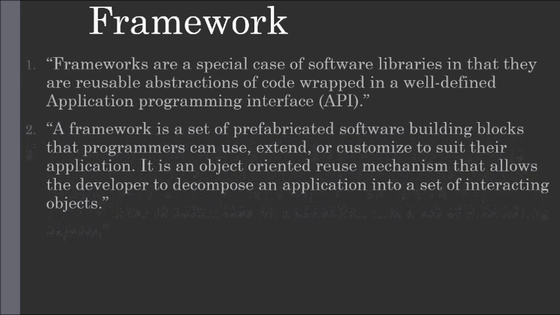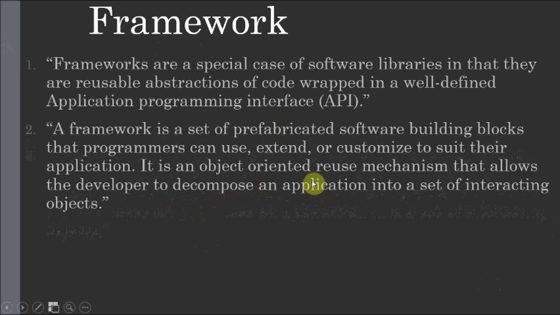The second definition is that a framework is a set of prefabricated software building blocks that programmers can use, extend or customize to suit their applications. It is an object-oriented reuse mechanism that allows the developer to decompose an application into a set of interacting objects.